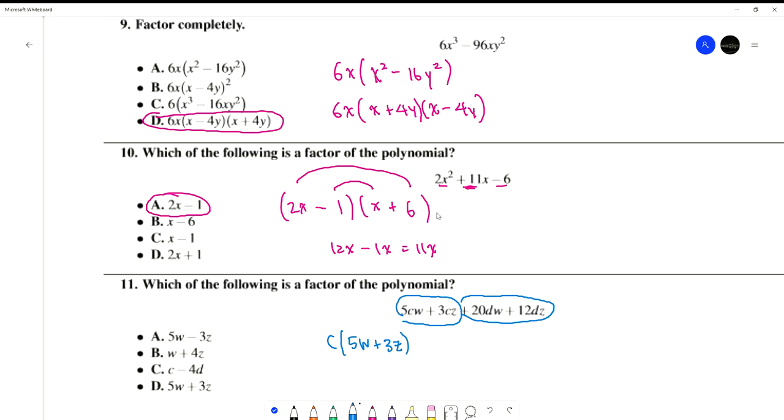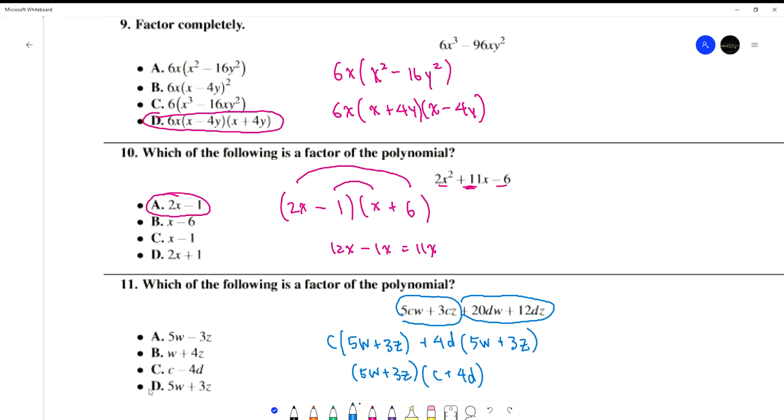Okay, in the second group, I see that the GCF is a 4 and a D. So I do positive 4D, and I get 5W plus 3Z. And then I factor the common binomial factor, 5W plus 3Z, and I'm left with C plus 4D.